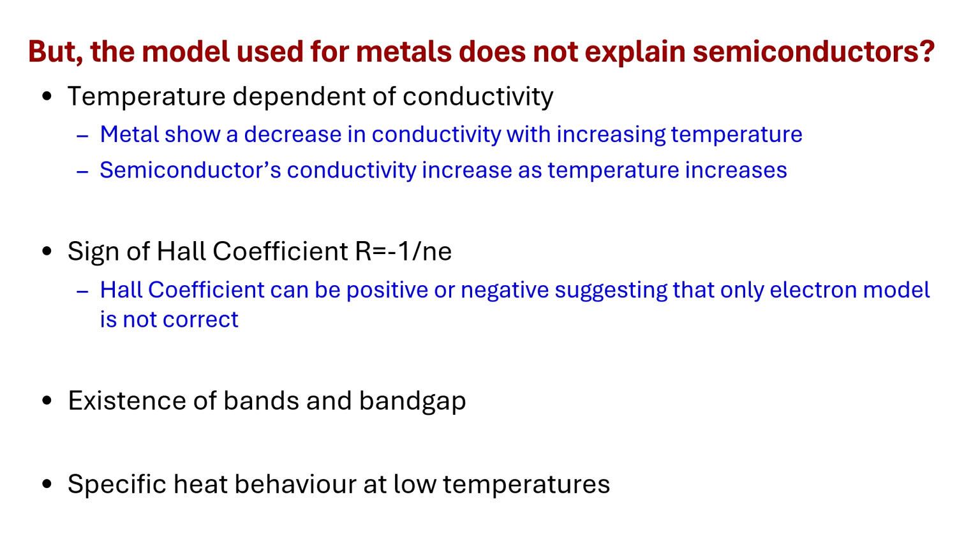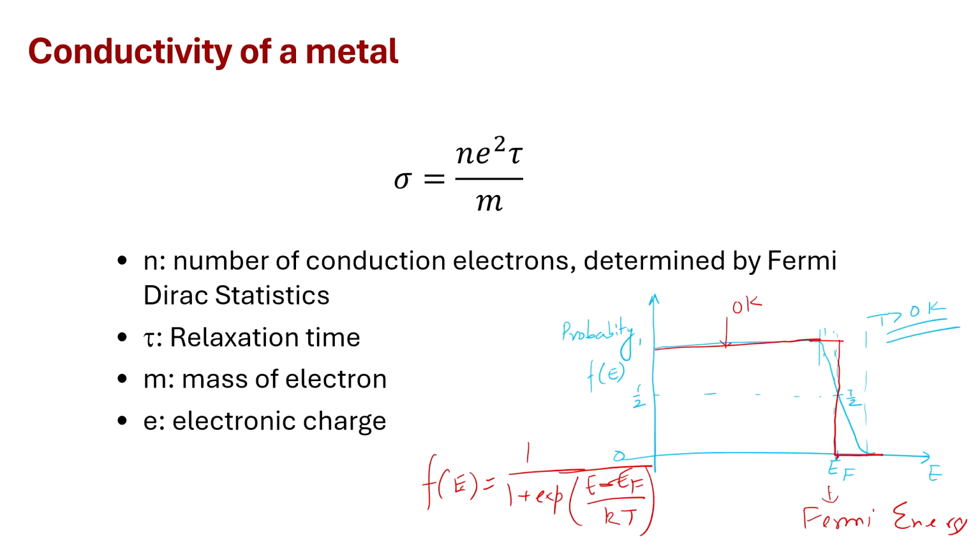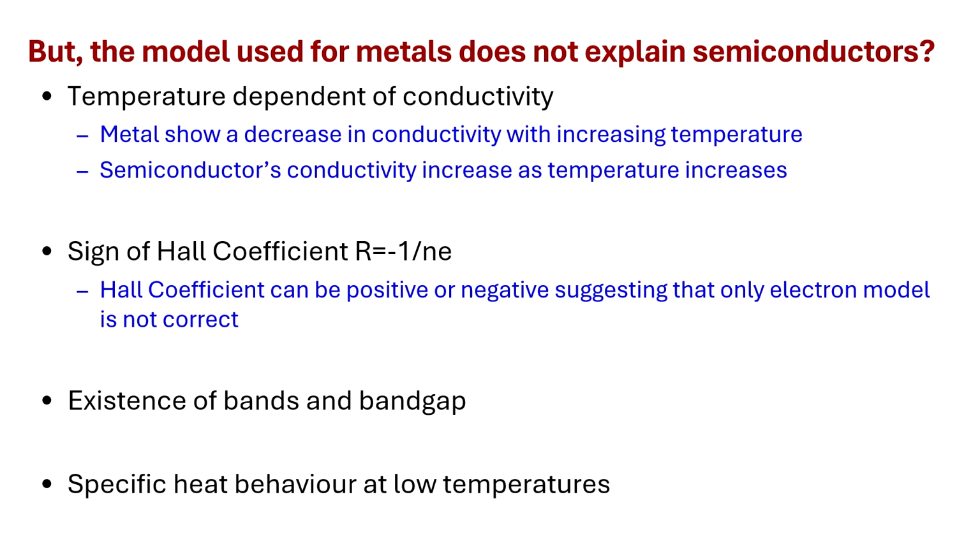So, the classical model that was used for metals was that all the electrons take part in conduction, and people worked out various formalisms, but it turned out the classical theory used for metals does not explain semiconductors. For example, the first departure was the temperature dependence of conductivity.